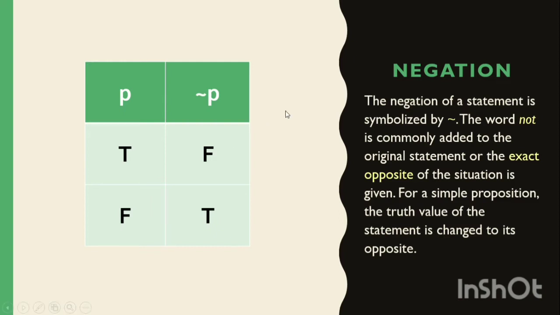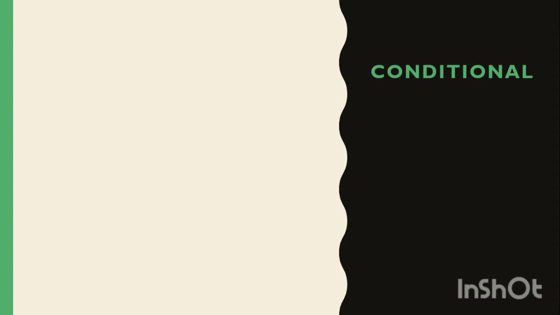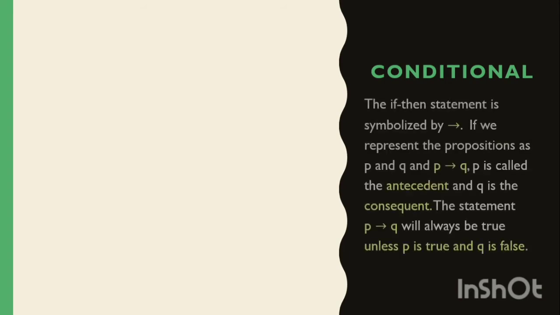Okay, let's now proceed to a conditional. A conditional, or the if-then statement, is symbolized by an arrow pointing to the right. If we represent the propositions as P and Q, and P implies Q, P is called the antecedent.